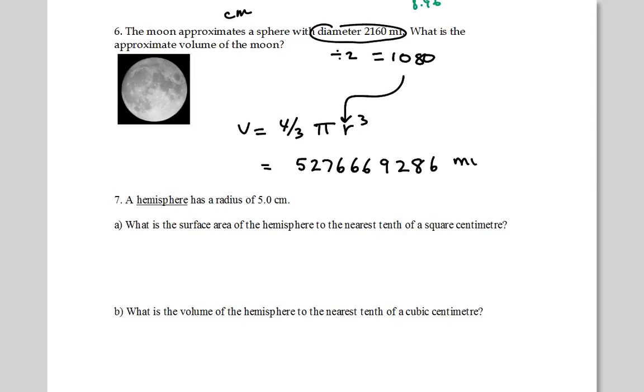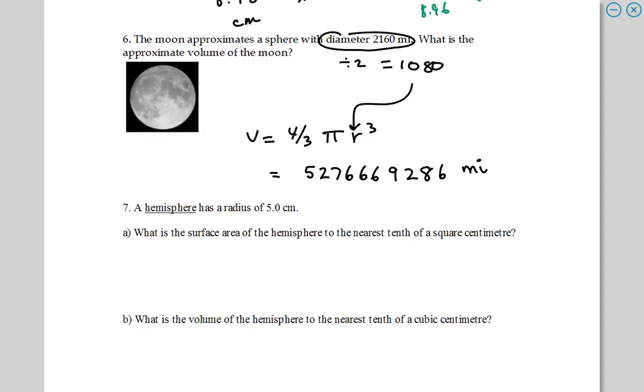527666986 miles. Okay. If you struggle with the big numbers, let me help you. Start from right to left. Boom. Oops, that was a mistake. Boom, boom, boom. Go in groups of 3 like that. You with me here? Thousand.